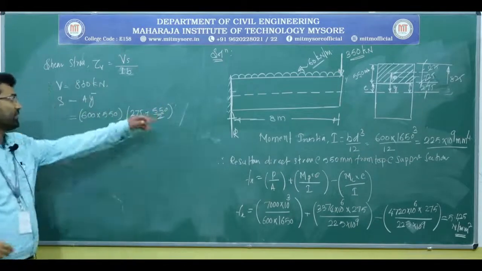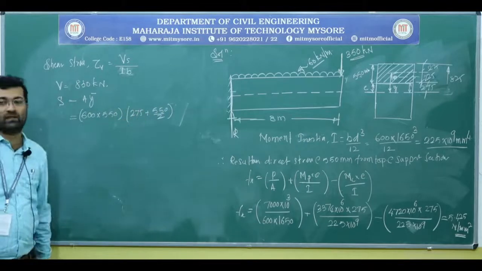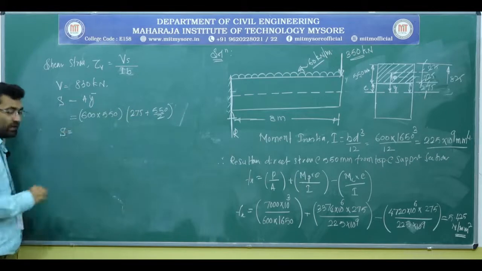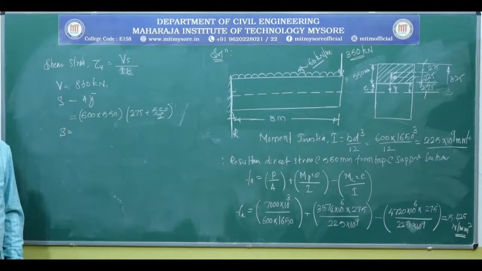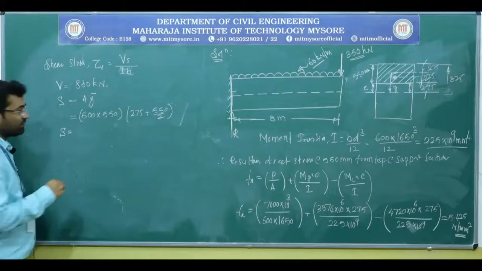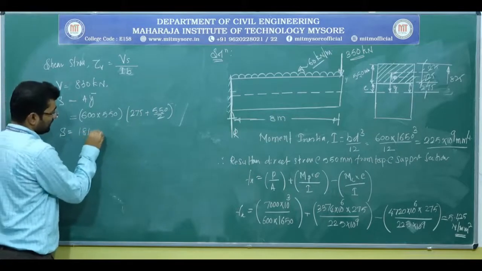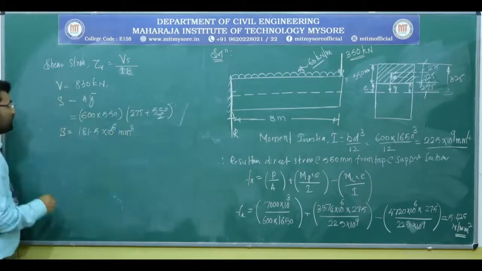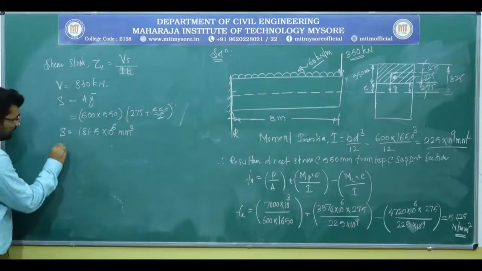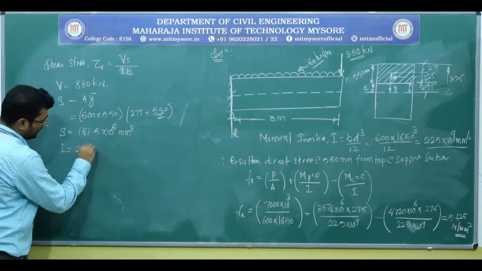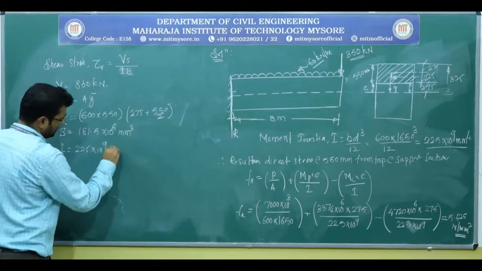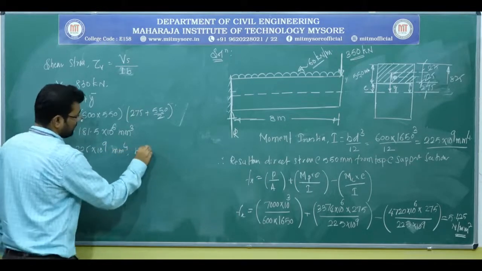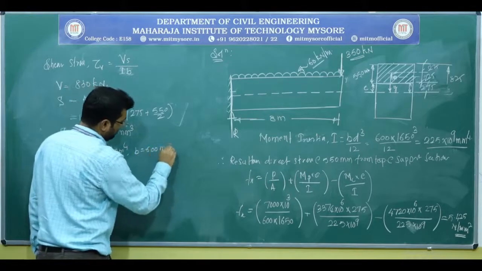After calculation, this gives me a value of 181.5 into 10 to the power 6 millimeter cube. Then I, we know that it is 225 into 10 to the power 9 millimeter raised to 4, and B is about 600 millimeter.